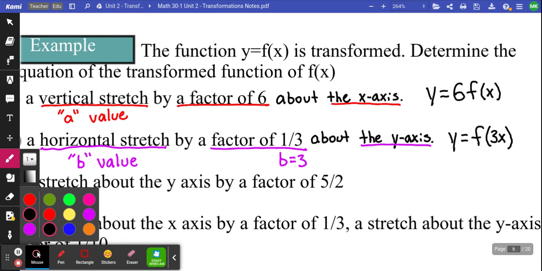Our horizontal translations would always be minus something. And our horizontal stretches, the factor actually is the opposite. So instead of 1/3, it's just 3. It reverses. It's weird. It has to do with the math of what's actually happening when you put it into a function. By tripling the x value, it actually makes the y value change in a different way than it looks.